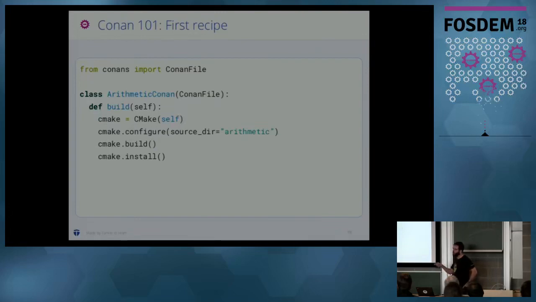You can work with Meson, AutoTools, and lots of others. And then we need to expose to our consumers some information, in this case, which library they need to link against. There are other attributes by default, like the include directory, which is named include by default, so you don't have to specify that.